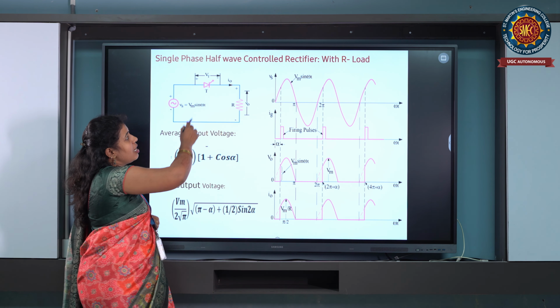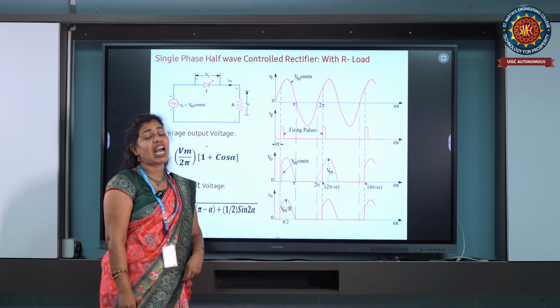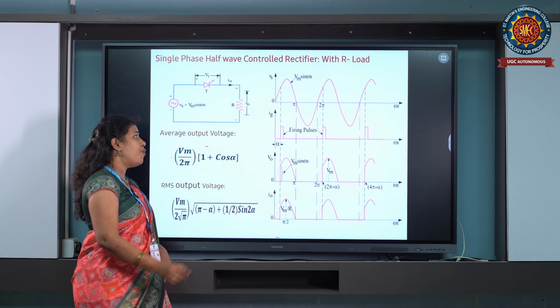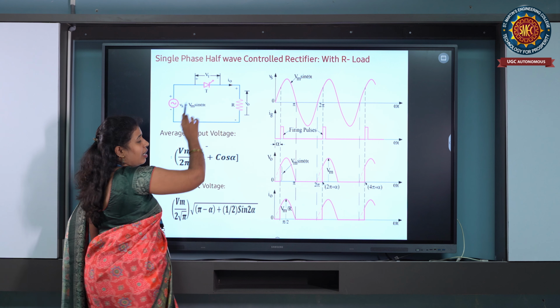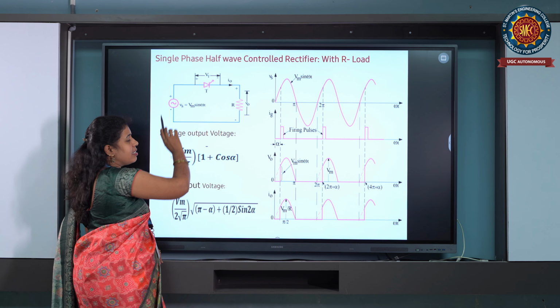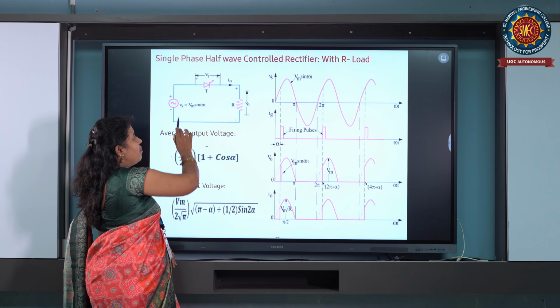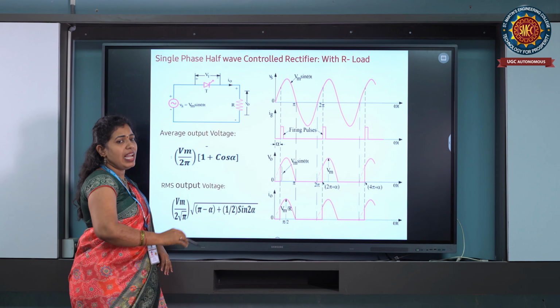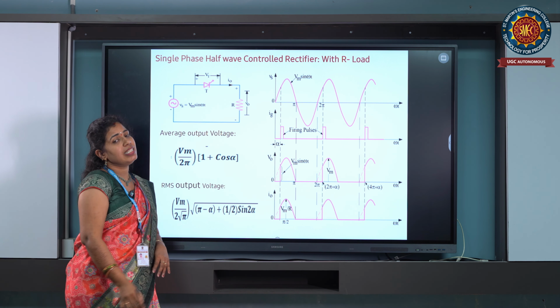Now we'll see the single phase half wave controlled rectifier with R load, meaning we take a resistive load. For that we connect one thyristor and one resistor, and the single phase supply Vs = Vm sin omega t. These three are connected in series.